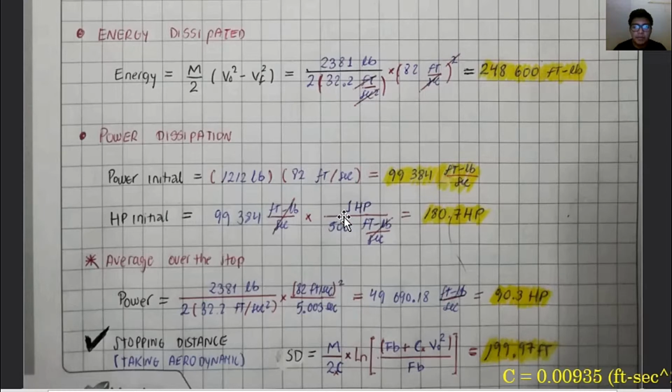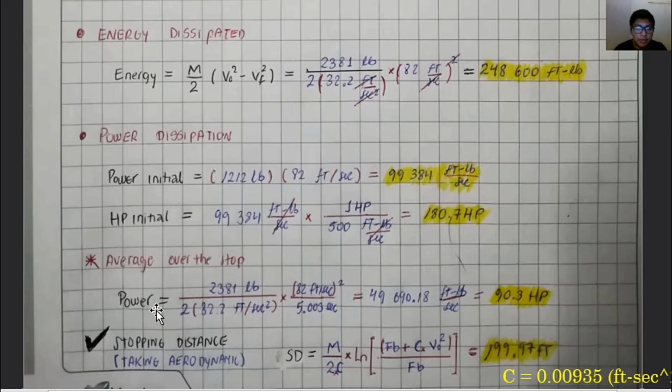I have to convert this value to horsepower, multiplying by 1 divided by 550. It is equal to 180.7 horsepower.